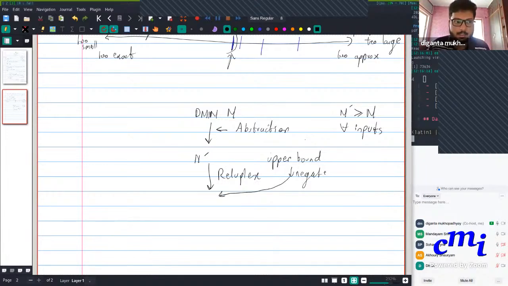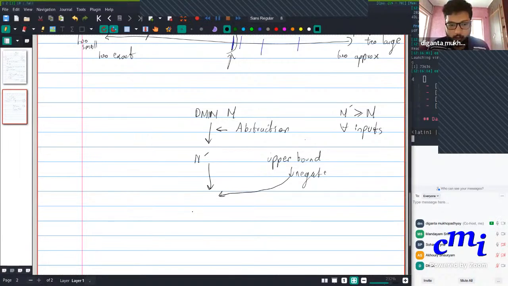You combine these two things and pass them to Reluplex. So now what you're asking Reluplex is: does there exist an X, so let's say the upper bound is B, such that N prime of X is less than B? That is what you're asking Reluplex over here.